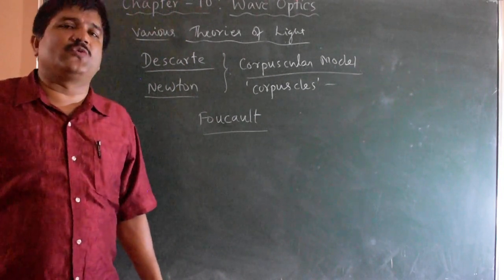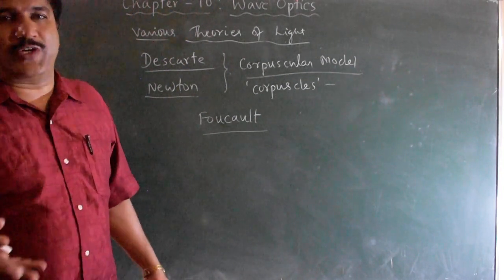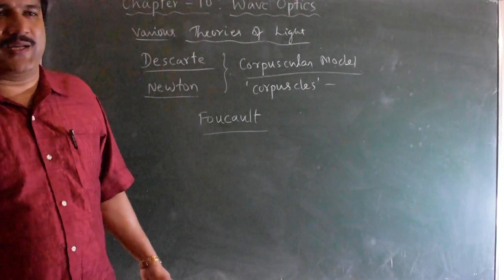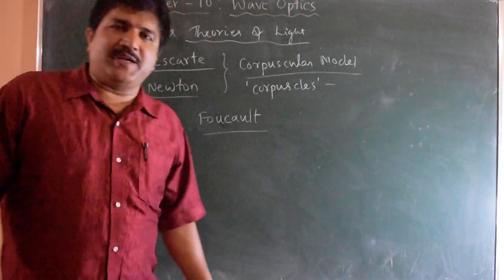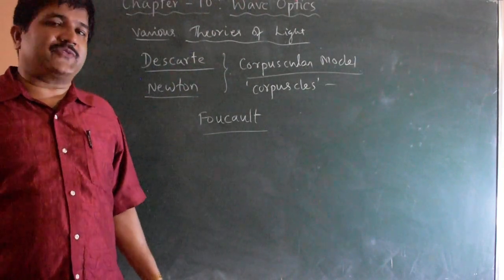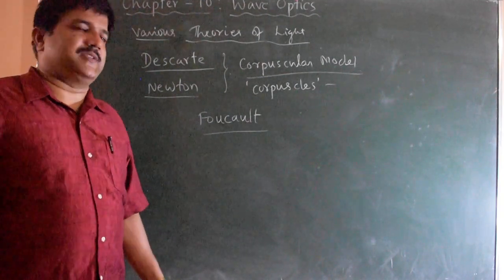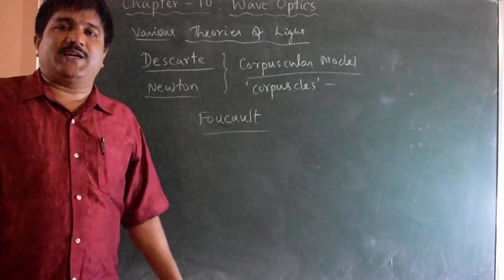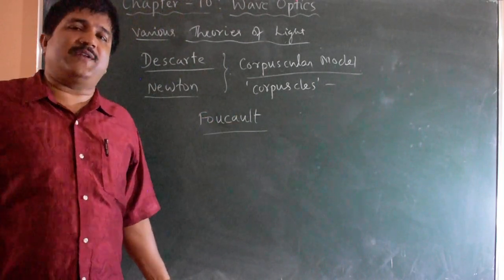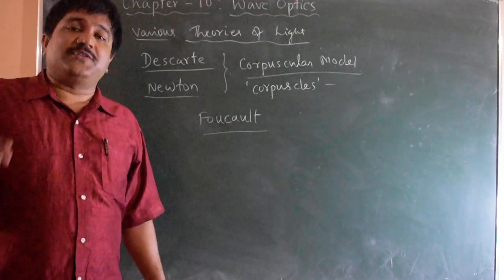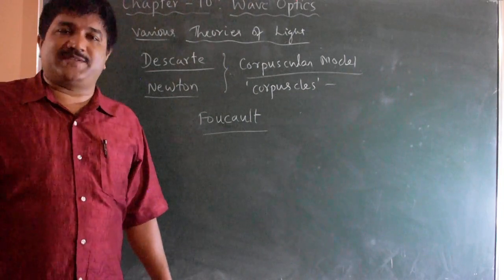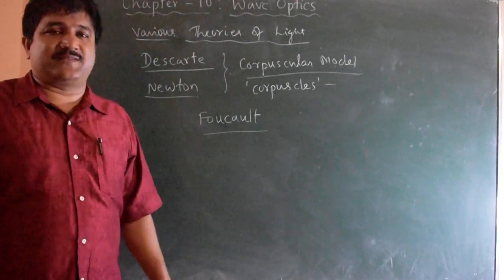It moves slower. The speed is approximately 3 into 10 power 8 meter per second in air, because the speed of light in any medium depends on the refractive index, the optical density, of the medium. Foucault showed that light traveling in a denser medium has its speed decrease.